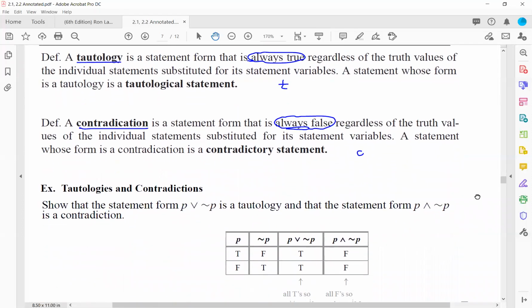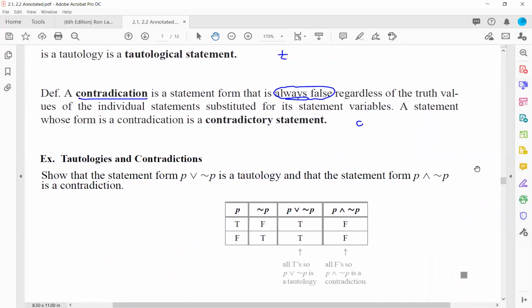Very well, let's go over some examples. Show that the statement P or not P is a tautology. Then show that P and not P is a contradiction. So by changing the connector, the operator, you're getting two different types of statements.